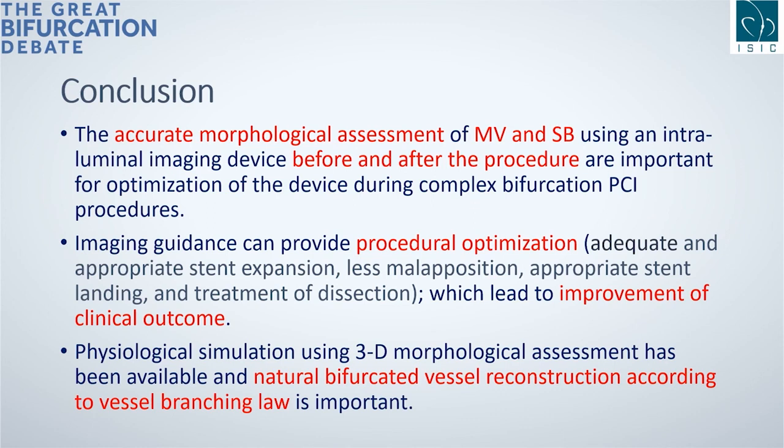Imaging guidance can provide procedural optimization, which leads to improvement of clinical outcome. Physiological simulation using 3D morphological assessment has become available, and natural bifurcated vessel reconstruction according to the vessel branching law is important. Thank you for your attention.